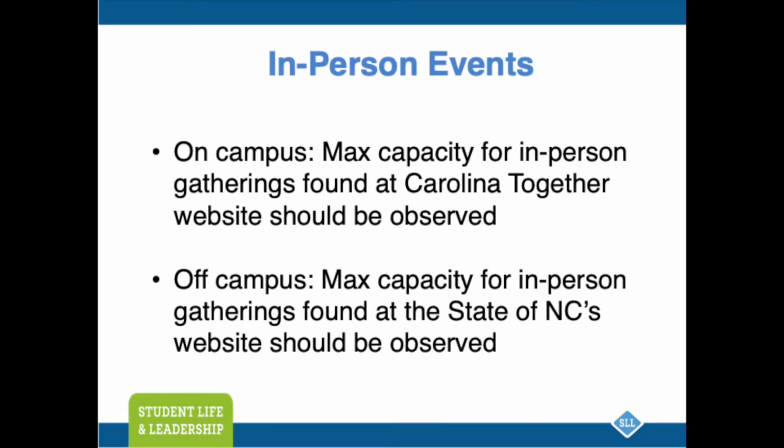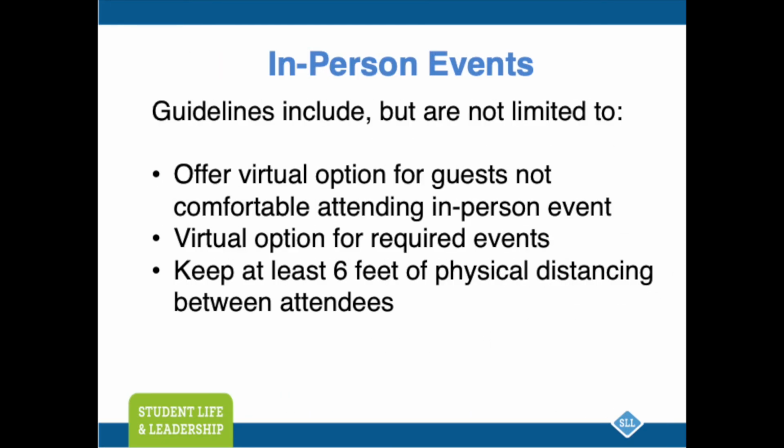For events off campus, the maximum capacity for in-person gatherings can be found on the State of North Carolina's website and should be observed. As these capacities are subject to change as the situation changes, be sure to check regularly for updates. Here we'll highlight some of the guidelines to follow for in-person events.